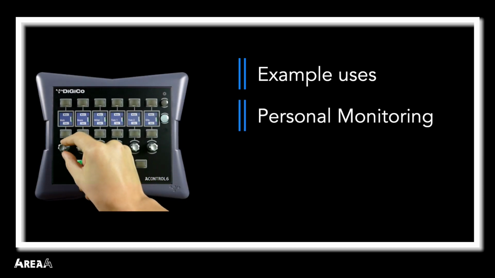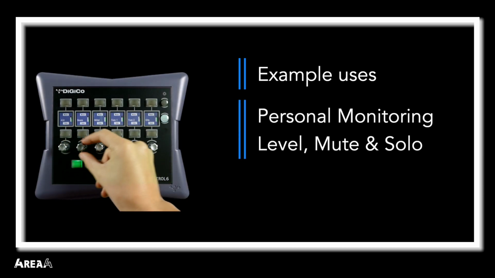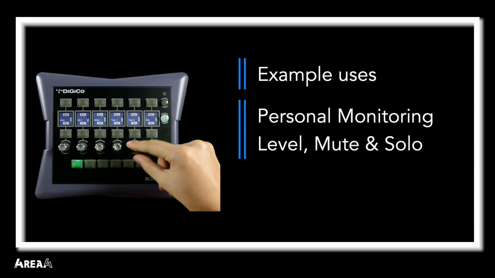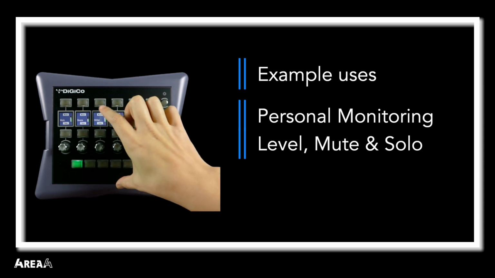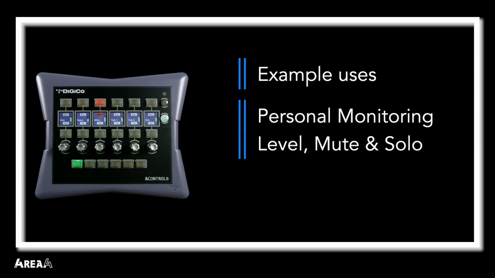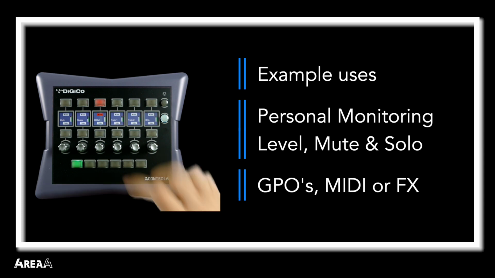An example use of an A-Control 6 could be as a personal monitoring unit for a musician. Encoders can be set to control level, so send levels to their mix bus, with mutes and solos, and buttons across the bottom could be assigned to control layers and banks if you've got more than 6 channels. Or they could be used to control other features like firing GPOs or MIDI messages, or controlling effects.